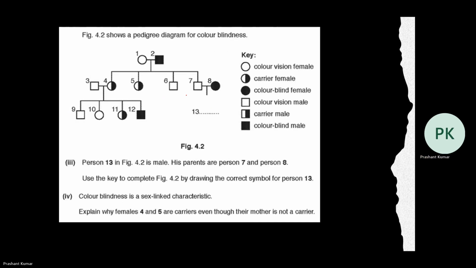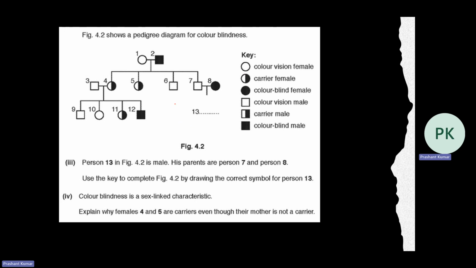Now, Figure 4.2 shows a pedigree diagram of color blindness. These are the keys given here. The unshaded round circle is normal vision, partially shaded is carrier, fully shaded is colorblind, unshaded square is normal male, and completely shaded is colorblind male. For person 13 in this question, you have to find out the genotype.